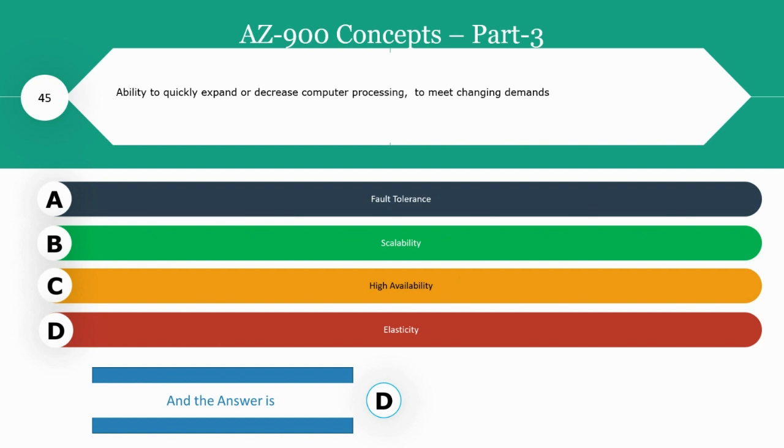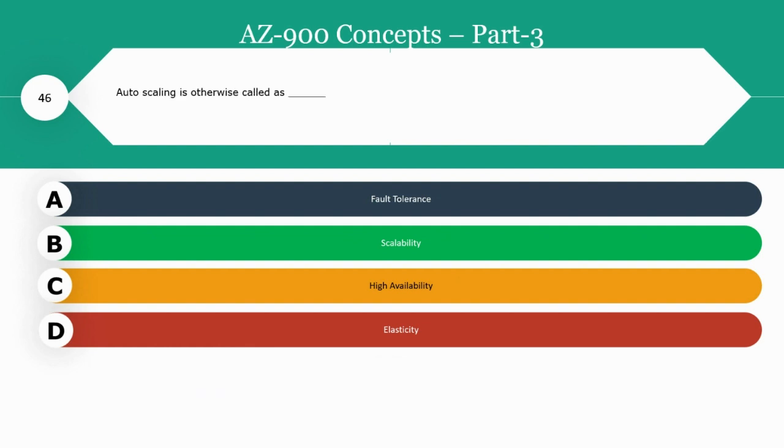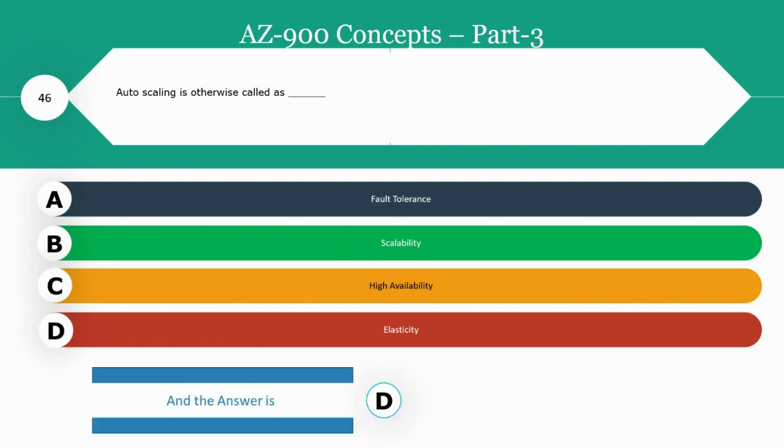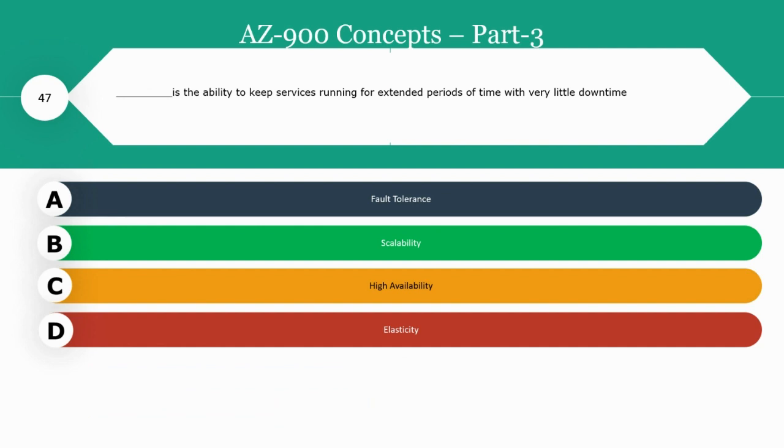However, elastic computing is the ability to quickly expand or decrease the computing processing, memory or storage resources to meet the changing demands without worrying about the capacity planning and engineering for the peak usage. And so option D is the correct answer. Autoscaling is otherwise called elasticity. That is, option D is the correct answer.